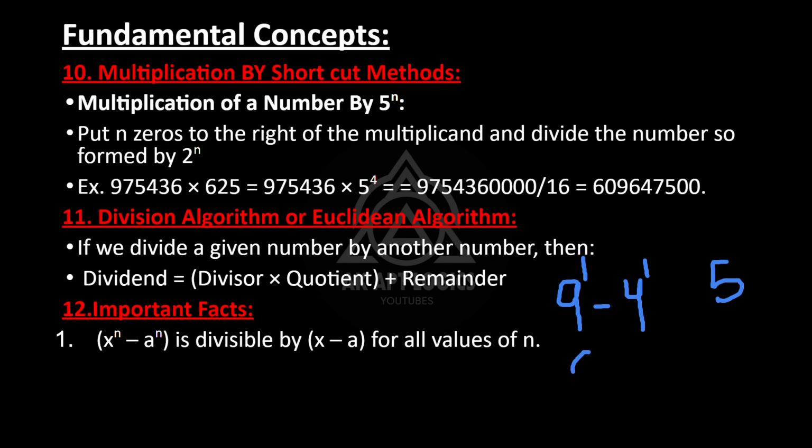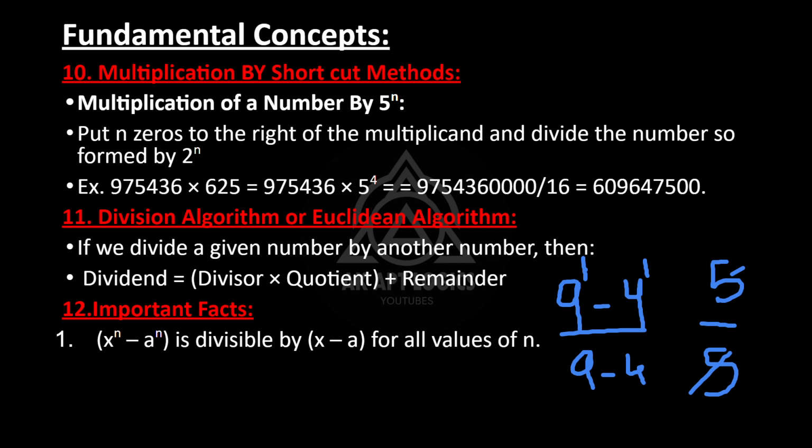What is x minus a? That is 9 minus 4, which is also 5. If you divide x power 1 minus 4 power 1 by x minus a, it is divisible for all values of n, right? So both are divisible.